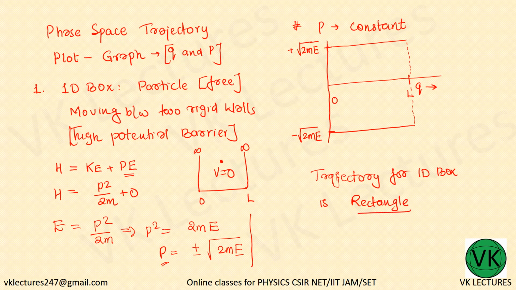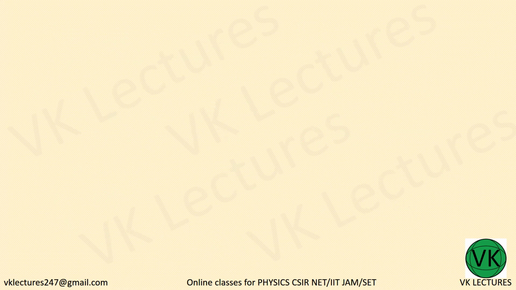So the 1D box phase space trajectory is a rectangle. For further understanding, we can do one more system, that is the linear harmonic oscillator.